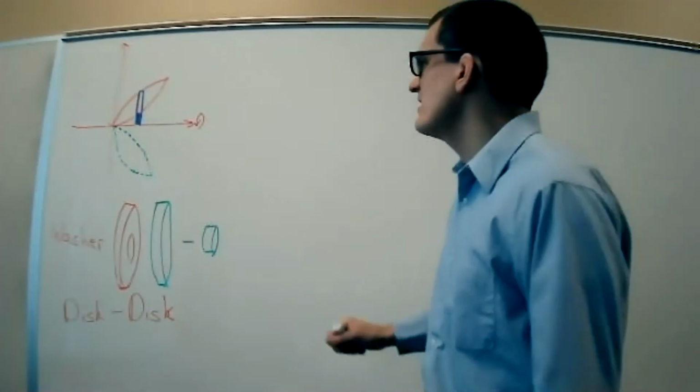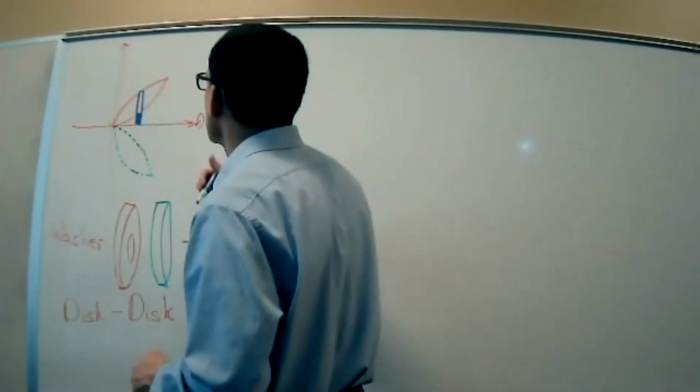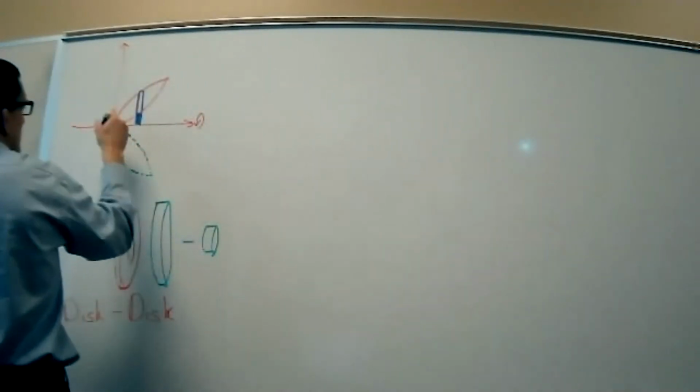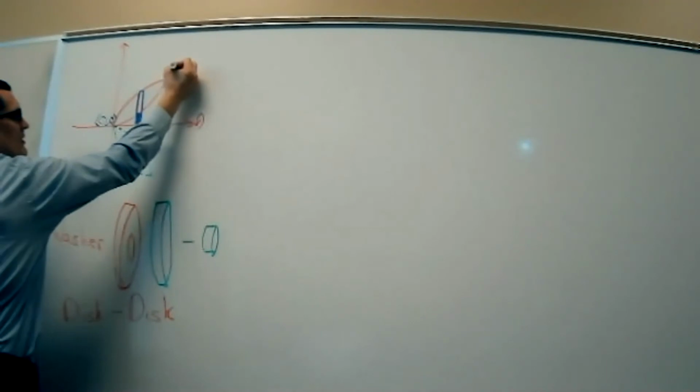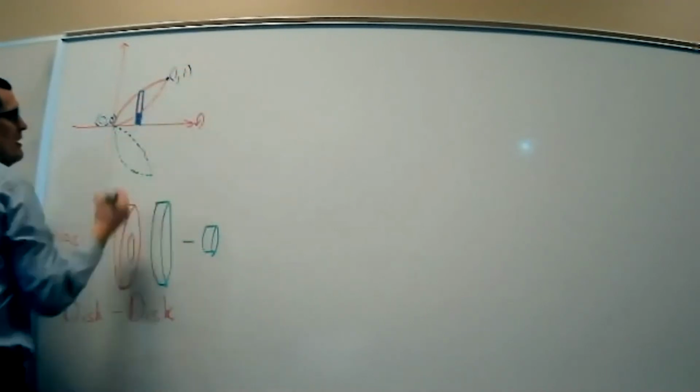So let's take this example. All right, let me start filling in some things. First off, this point over here is the point 0, 0. This point over here is the point 1, 1.